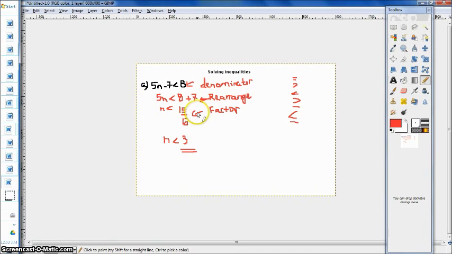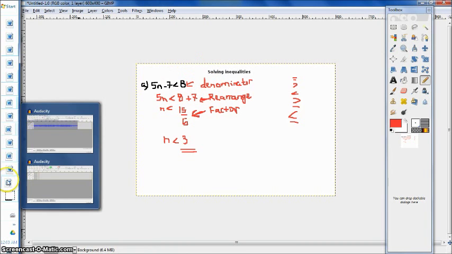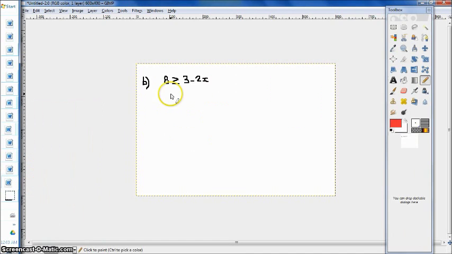And my third step is factorization. So these are my 3 steps to solve an inequality.